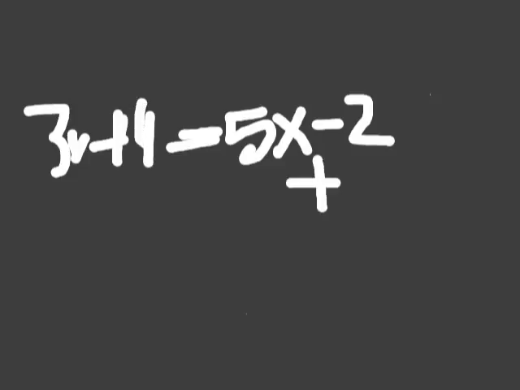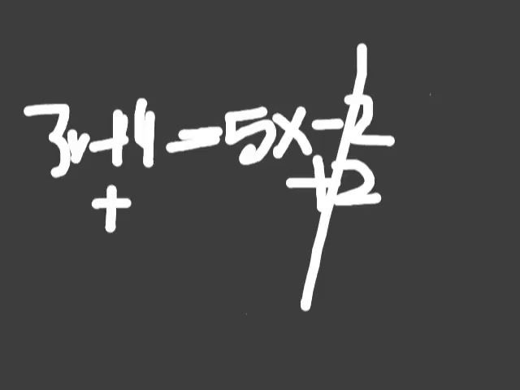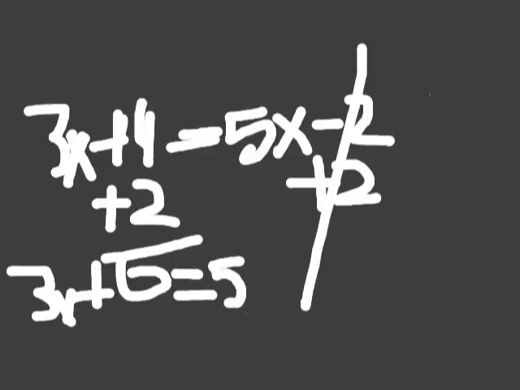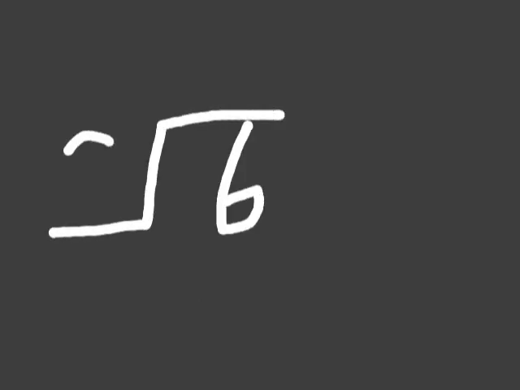On the right side, you should add 2, canceling out 2, and add 2 to 4, which is equal to 6. So in the denominator, you will have 3x plus 6 equals 5x. And since you know that 5x minus 3x is a difference of 2, all you need to do now is divide 6 by 2. You will get 3.